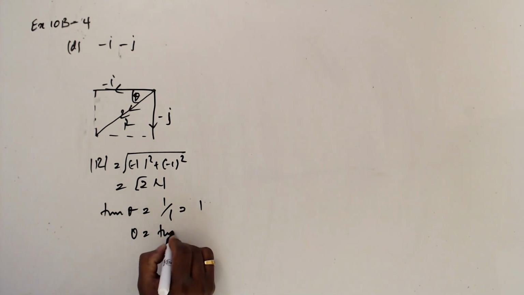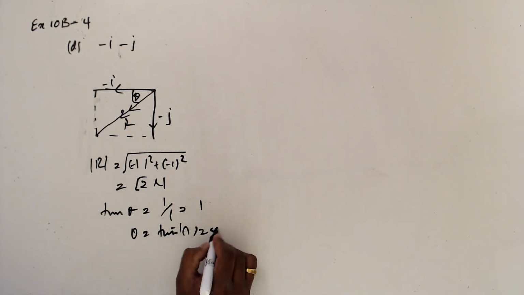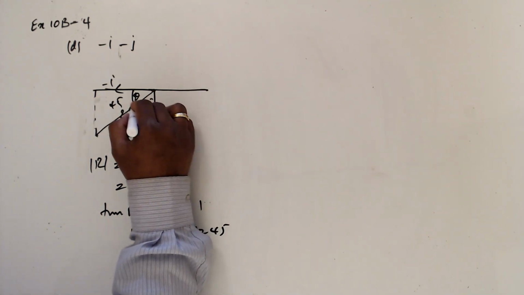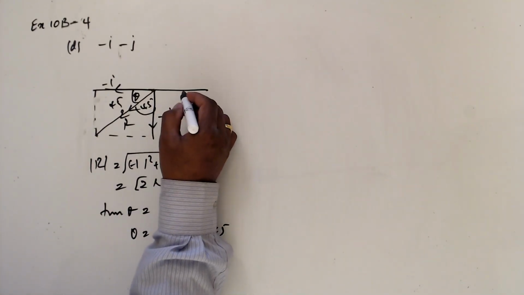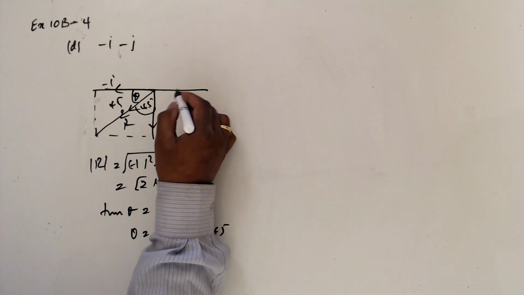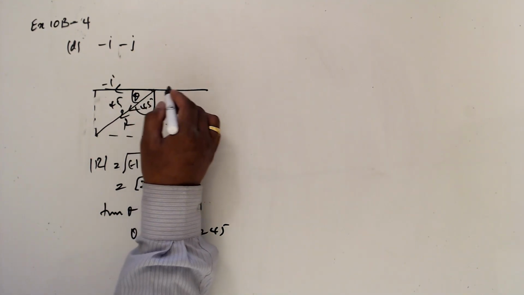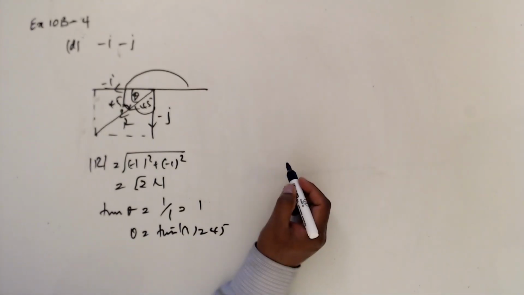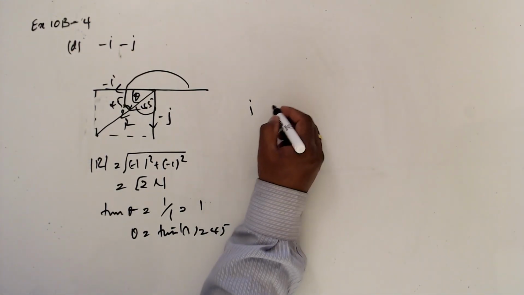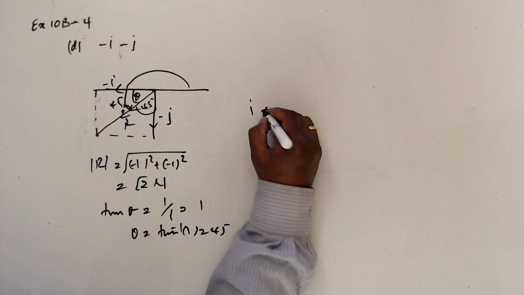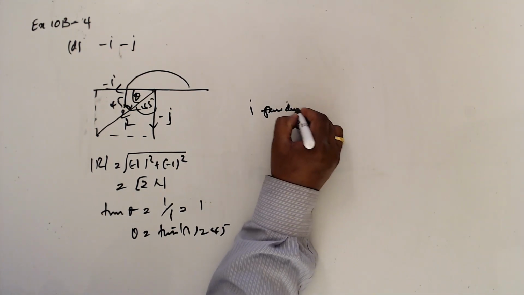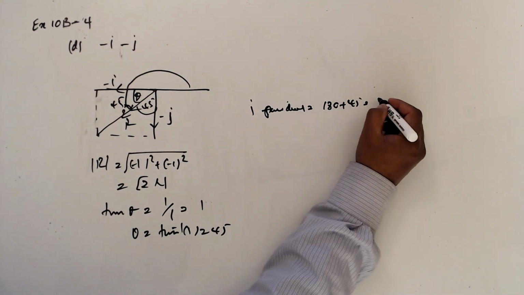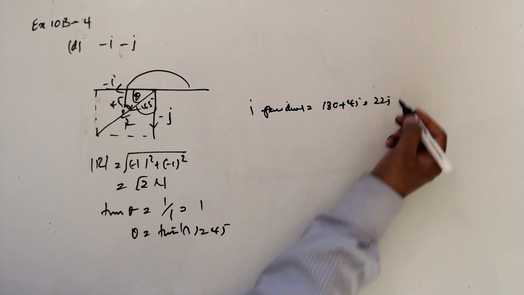Theta equals tan inverse 1, which is 45. So this is 45, and this is 45. You can write this with the i positive direction, 180 plus 45, so this is going to be 225.